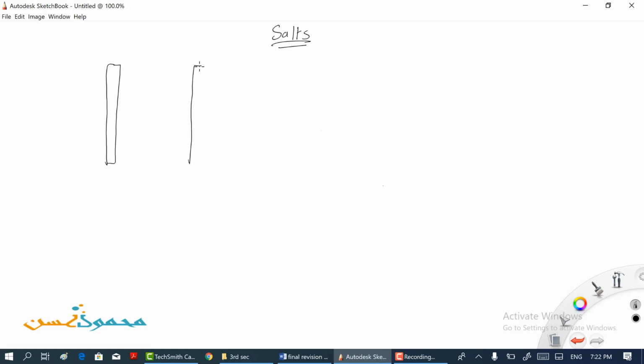In the simple cell, we study in the preparatory stage when we have two poles, negative pole and positive pole. Negative pole is called the cathode, and the positive pole is called the anode.